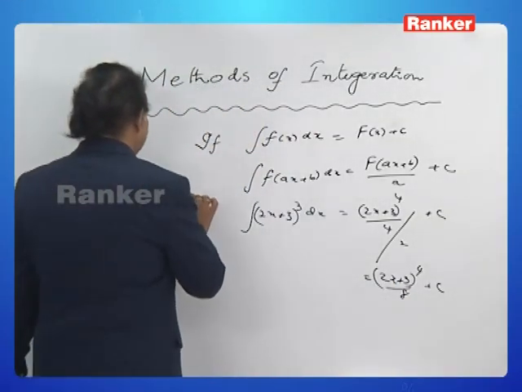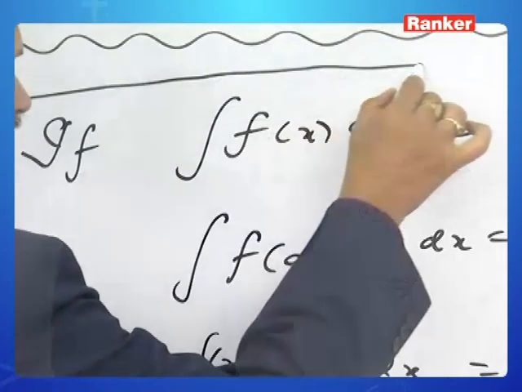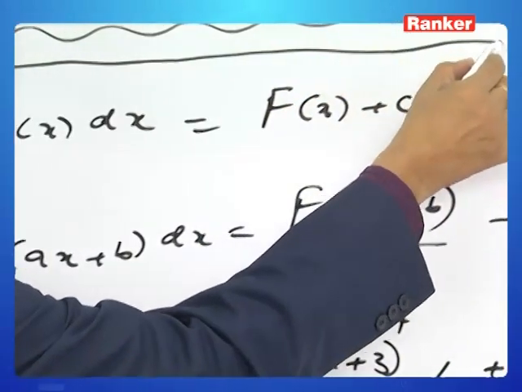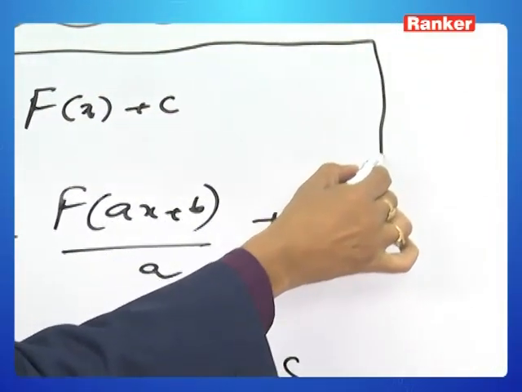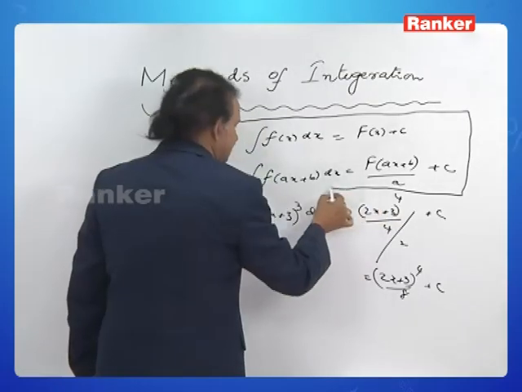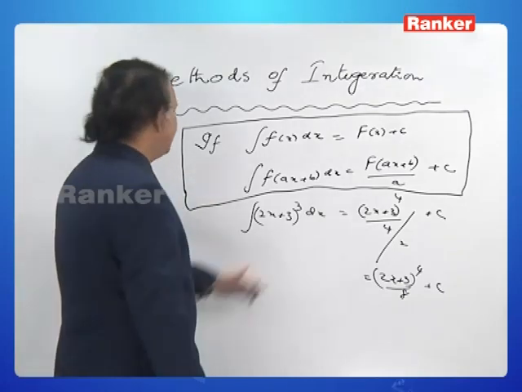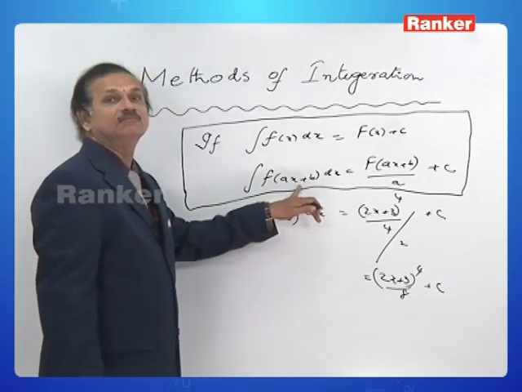So, in this heading, this is the very first observation or concept that must be kept in mind. Of course, this is useful when and only when the expression is of first degree.